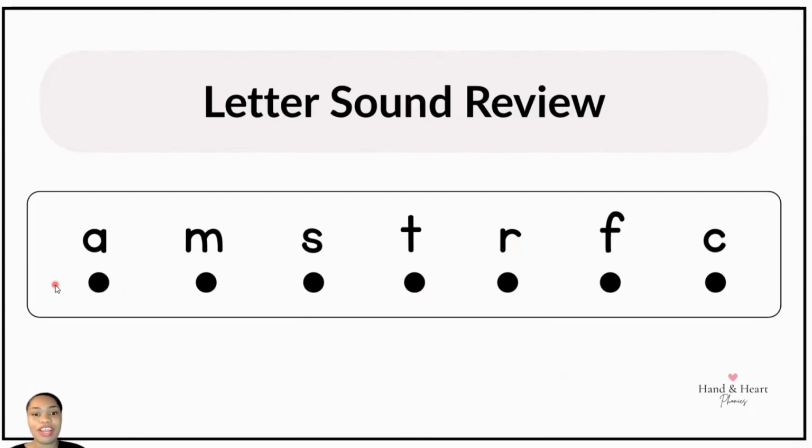Now we are just going to go straight across from left to right and say the letters and their sounds. Get ready. A, /ă/. M, S, S, R, R, F, C. Your turn.